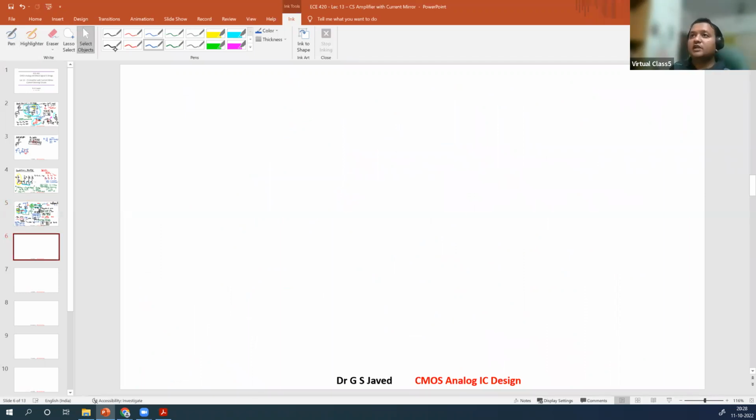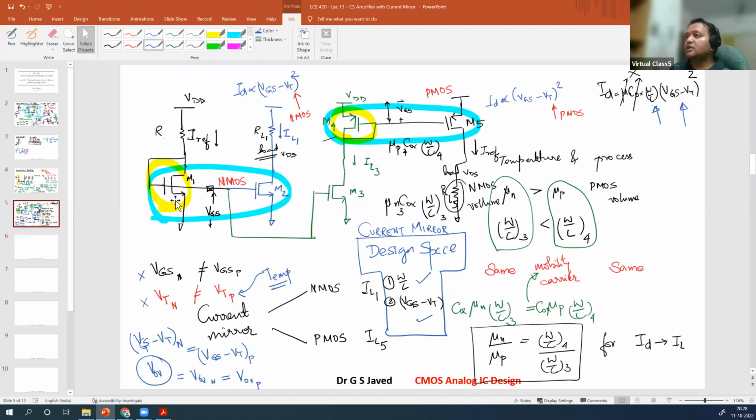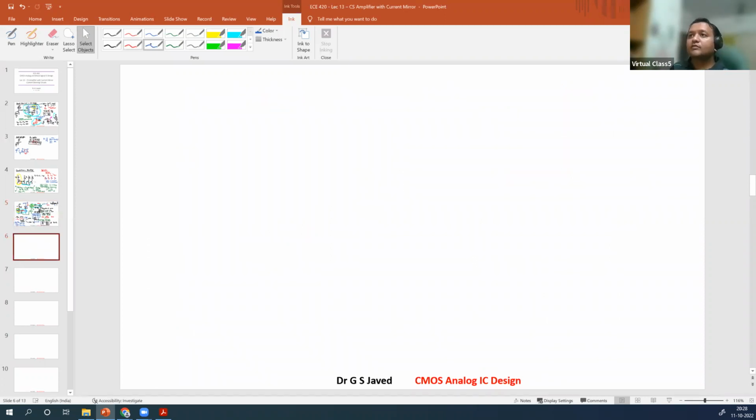Next one, we will try. This is now assuming you want to get the same value. So what is the closed form expression we have received here? There are two expressions we can use. We will have a unique feature of current mirrors.